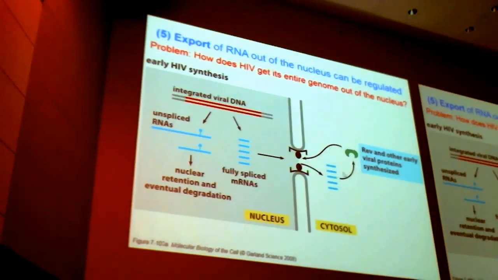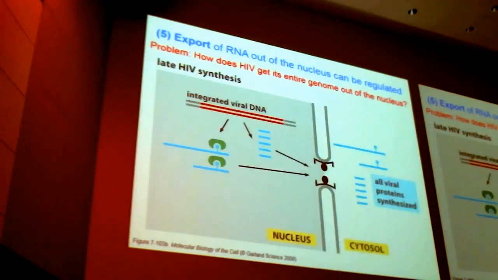Eventually, at some point, you'll make these Rev RNAs, okay? That'll make the Rev protein. And once that Rev protein is made, that can then go back into the nucleus. And it has this property of binding to the Rev response element and protecting unspliced long RNA from degradation.